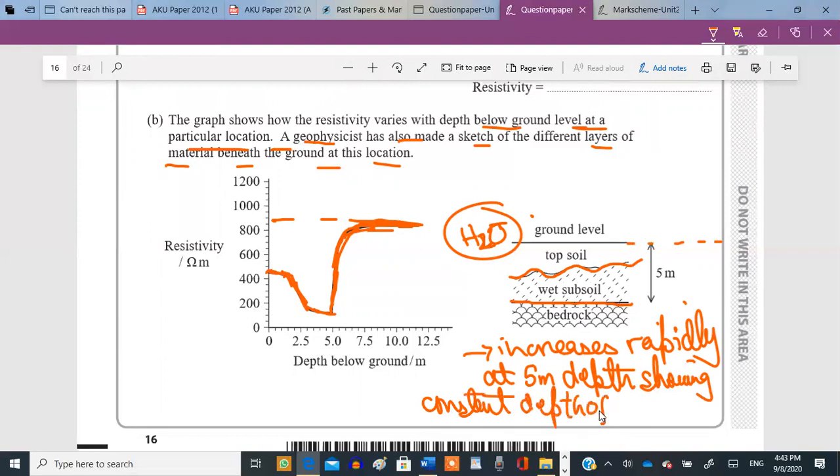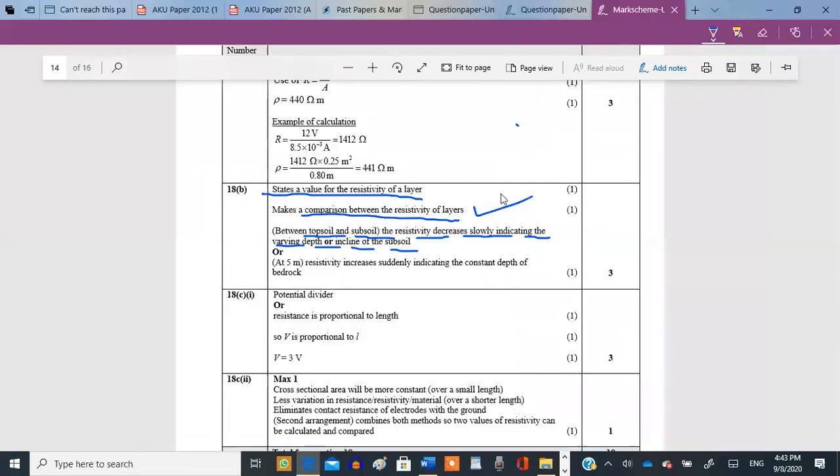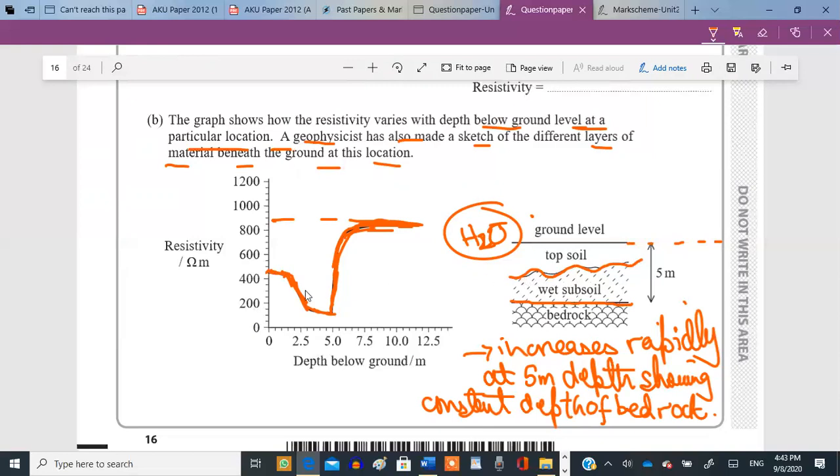And there's another thing that the examiner wanted, and that was identifying a value for one of these layers. See the very first one, state a value for the resistivity of a layer. So for such questions, you should state a value for the resistivity of any of these layers. So for bedrock, I think we should state a value, it's constant. Or we could start out by stating a value anywhere over here.